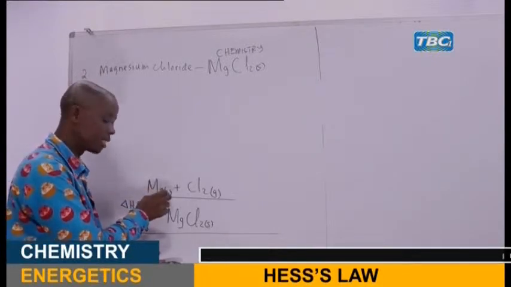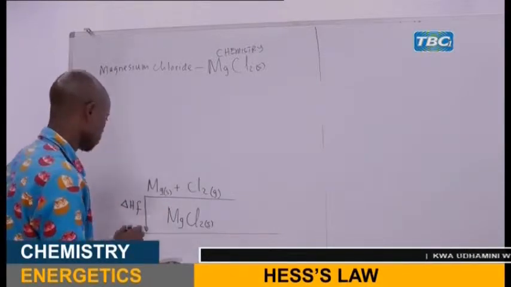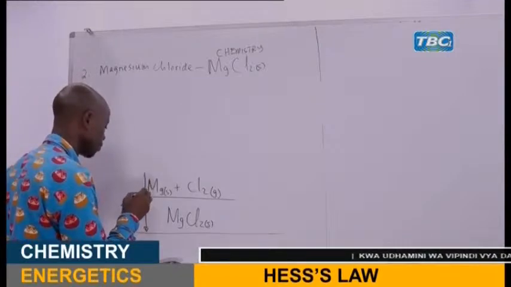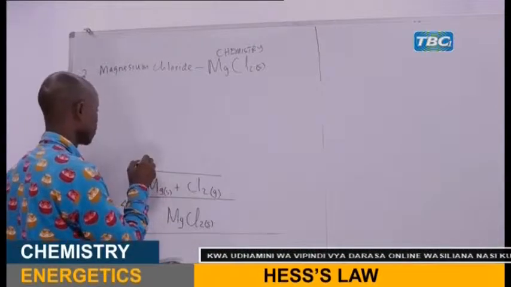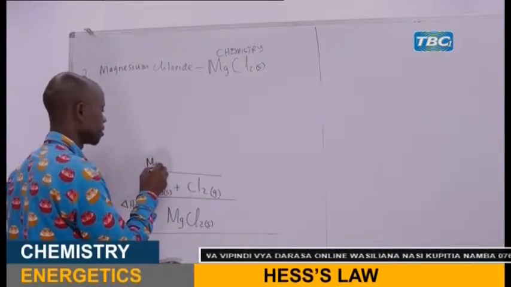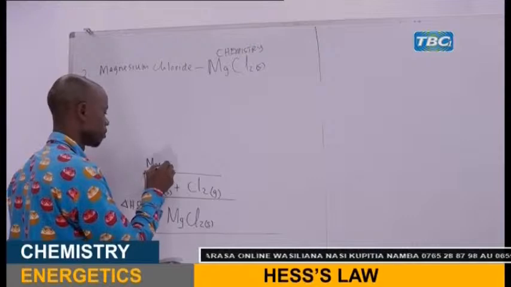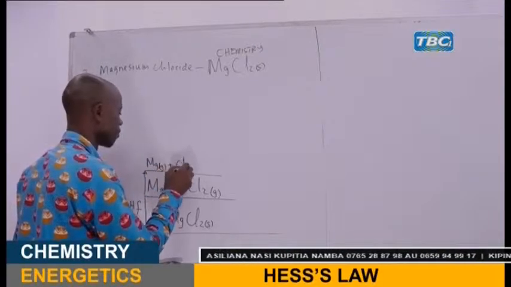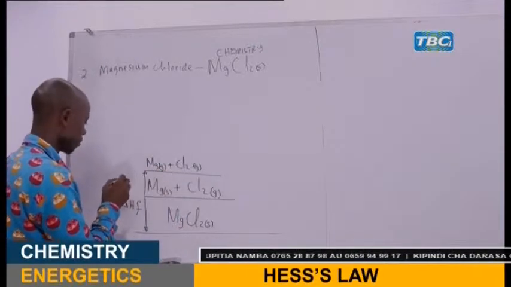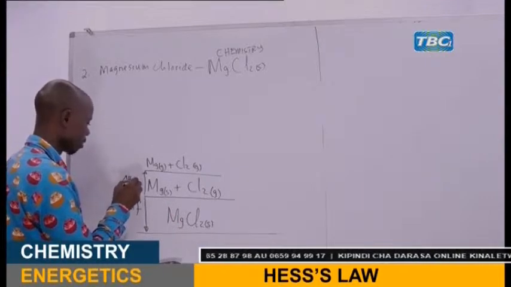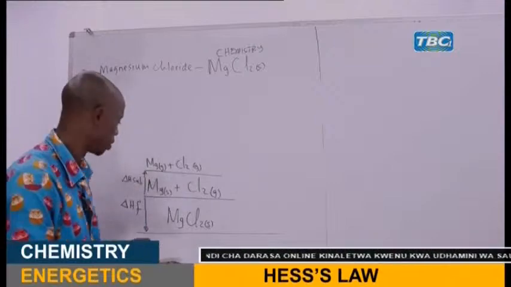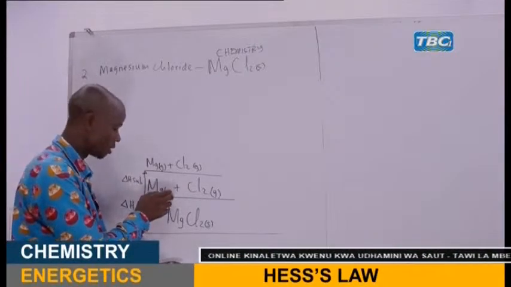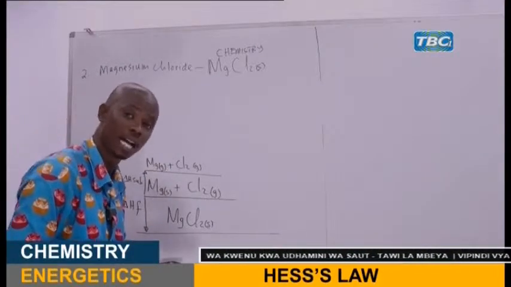The conversion of solid into gas is sublimation. We start with magnesium. This is the enthalpy of sublimation of magnesium, the conversion of solid magnesium into gaseous magnesium atom.